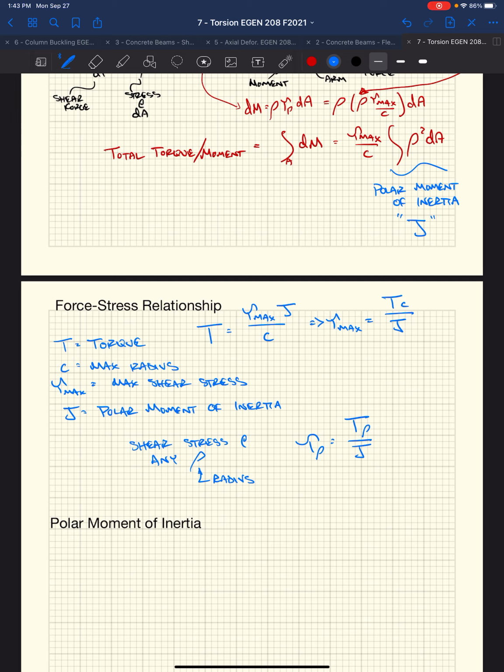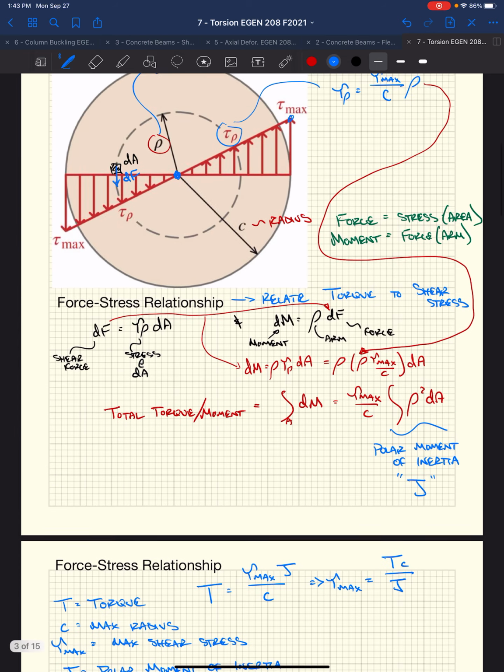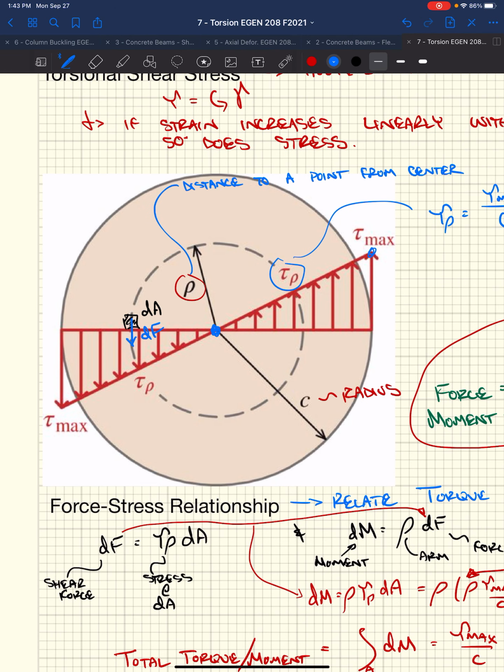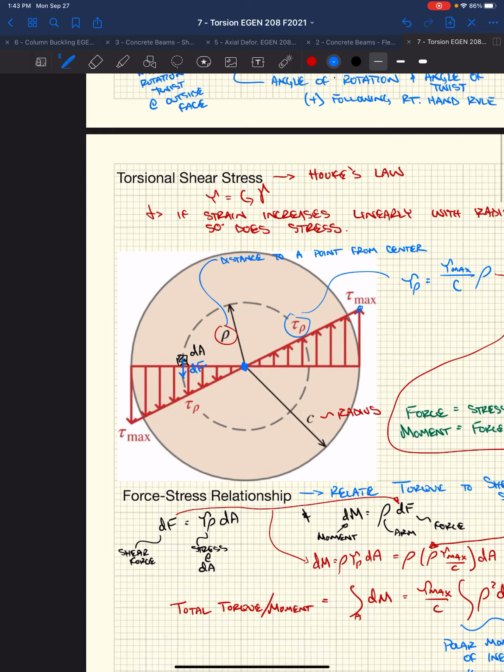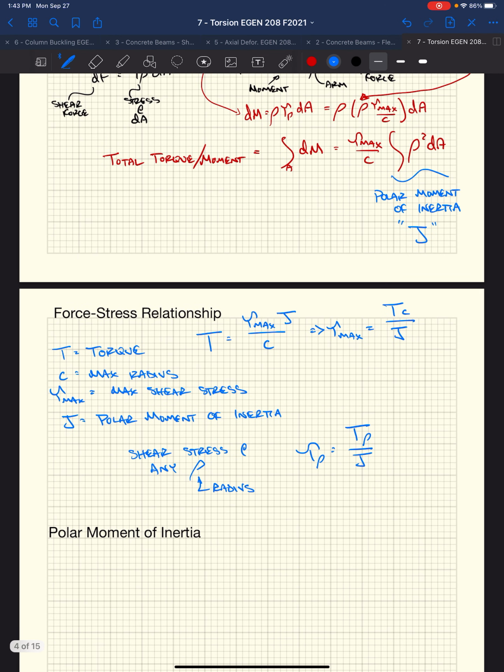Because our maximum shear stress is on the outside. It's a linear relationship between shear stress and distance from the center of our shaft to the outside. So if I wanted to know what the shear stress was at any given point within the cross section, we could just substitute in rho for our max radius. So we're looking at any given radius from the center, and we can figure out what our shear stress is.